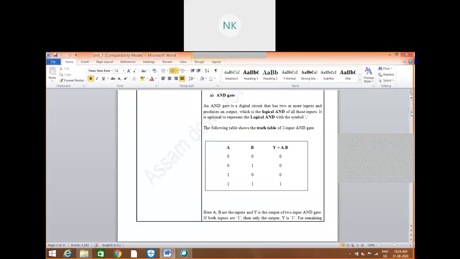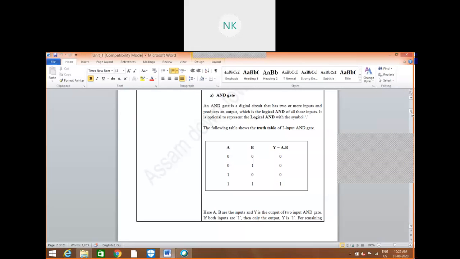So, all of you, what is a gate? What is meant by gate, and what is meant by signal? I think all these concepts are clear. Then we will move on. First, we will give a brief discussion on the AND gate, which we discussed in the earlier class.